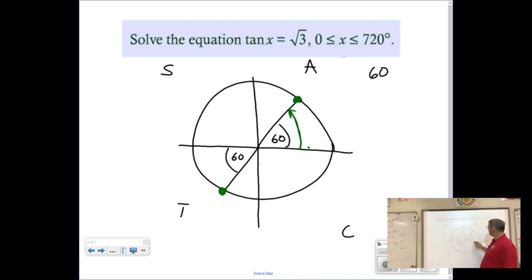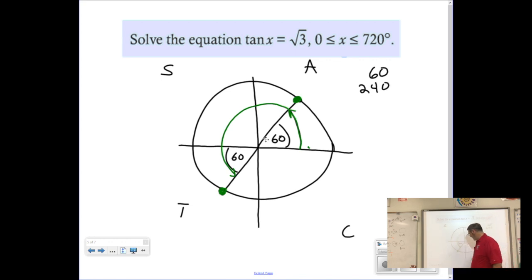So the first one going around the first time, this one would be 60, and then all the way around here, which would be 180 plus 60. If you think about it, it's 60 and it's 180 degrees away from that. So it's 180 plus 60, which is 240. That's the second angle.